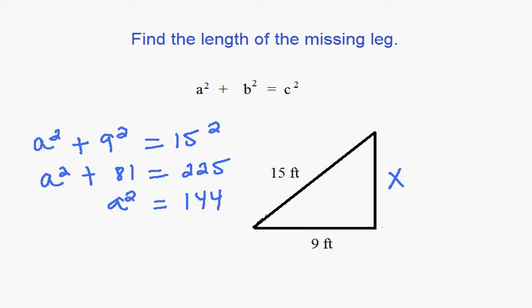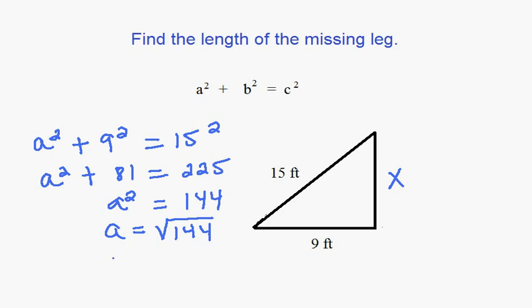We cannot solve for a squared. We can solve for a, but not a squared. To change a squared to the variable a, we're going to convert 144 to the square root of 144. So we now have a equals the square root of 144.